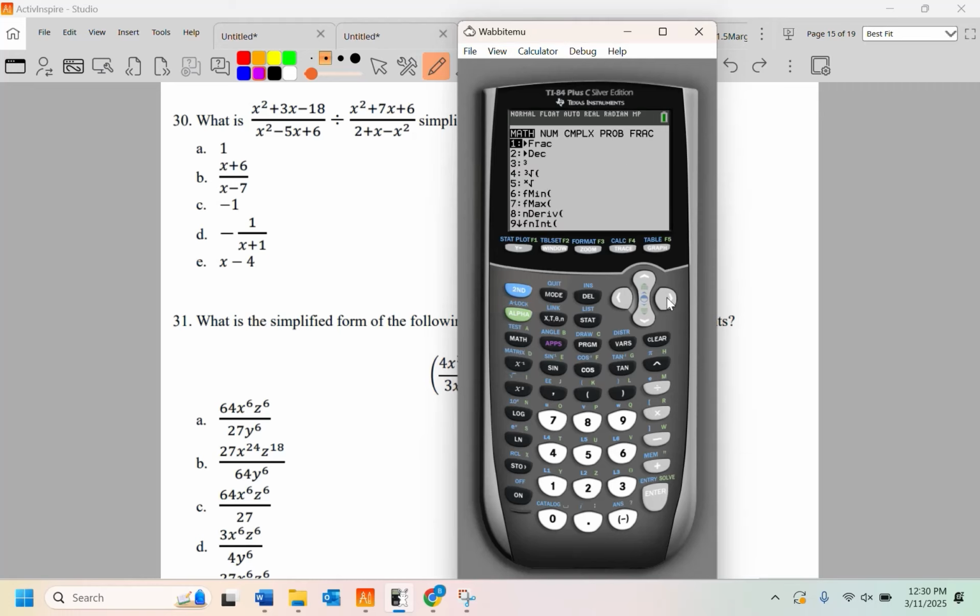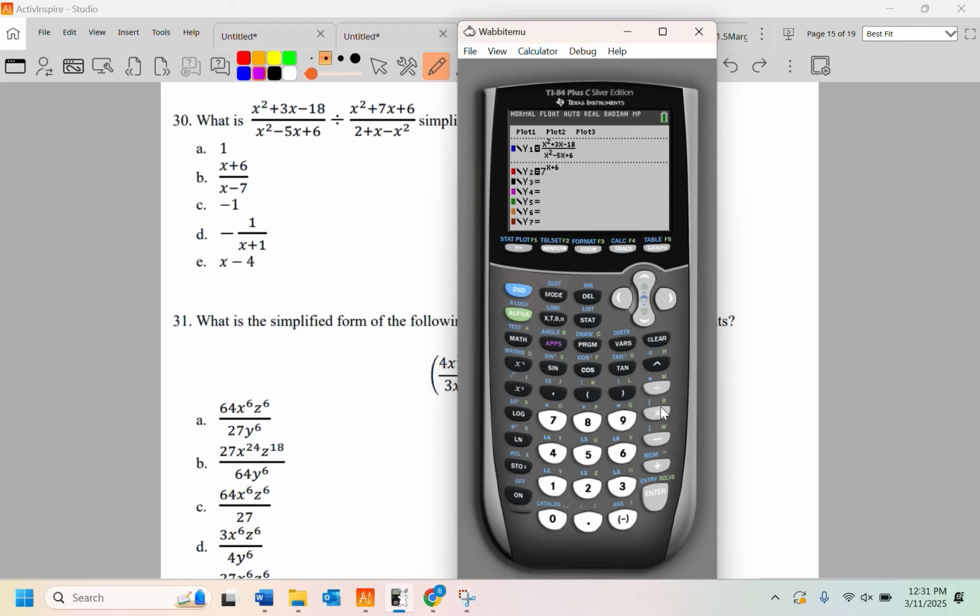I will do this one with math num n over d just because it'll look better. We have x squared plus 3x minus 18, and she is sitting pretty over x to the second minus 5x plus a 6.